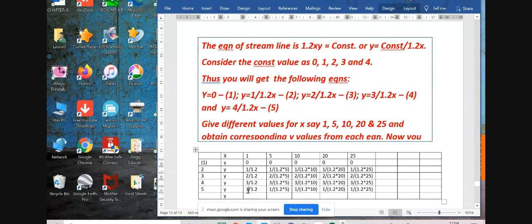Then 4, 4, 4, 4, 4. So what you can do is you can take this and draw the pattern.